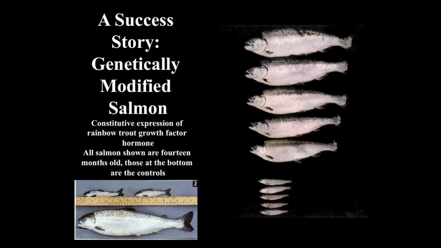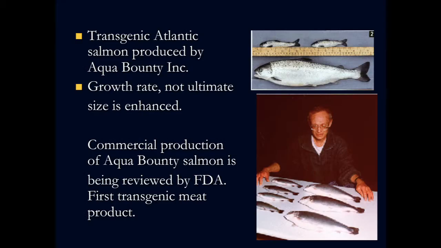All of the fish shown in the picture on the right are the same age, roughly about 14 months. A company called Aqua Bounty has accomplished that, and this may aid in the production of aquaculture-grown salmon. This in itself creates a controversy.